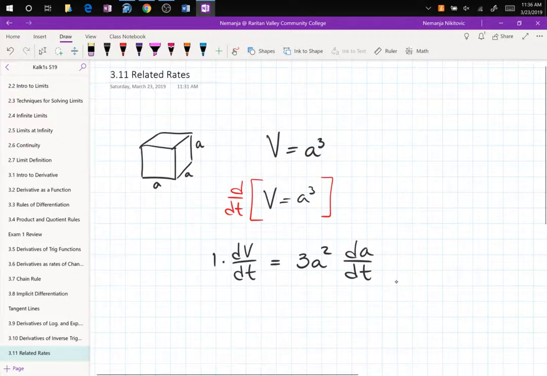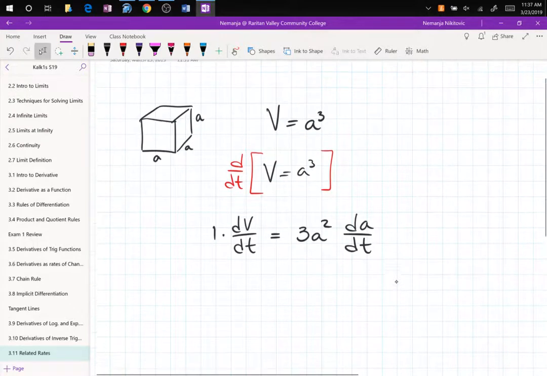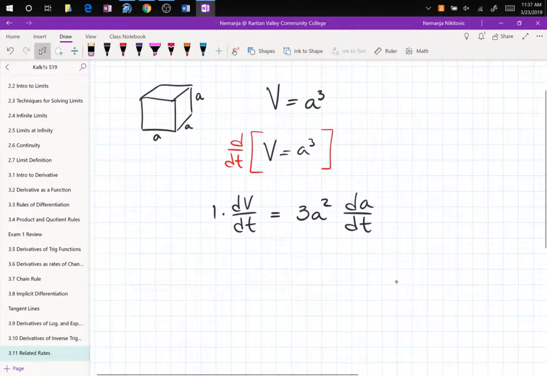Every time we took the derivative of y with respect to x, we had that term dy/dx, right? So now, when we are differentiating with respect to time, we're always going to have these dV/dt's, dA/dt's, whatever else we get. So now, this formula, we can drop this one, because we don't need it.